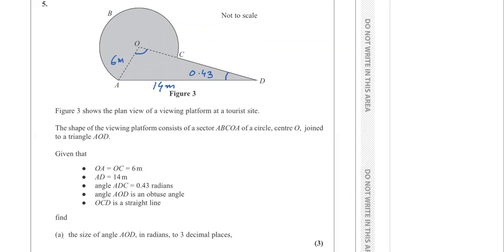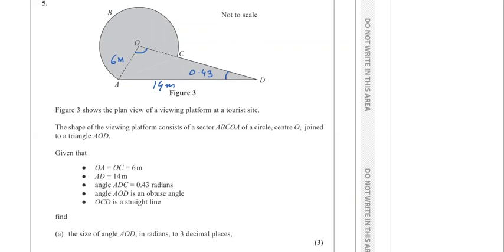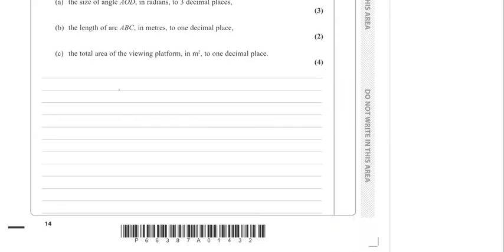In part A, we have to find the size of angle AOD in radians to 3 decimal places. To find this angle AOD, I will consider triangle AOD and use the sine rule. So let's draw this triangle AOD.